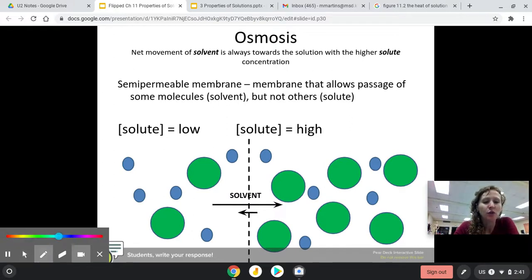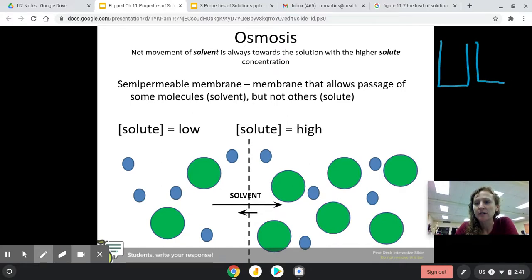If I have two beakers of solution, let's say they're both 1 liter. And let's say the first one is 2 molar NaCl, and the second one is 1 molar NaCl.